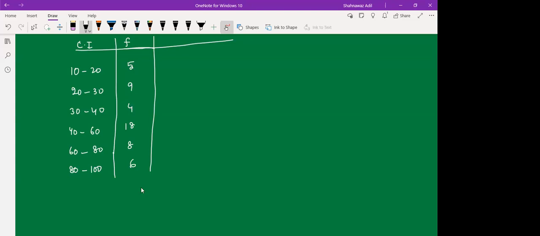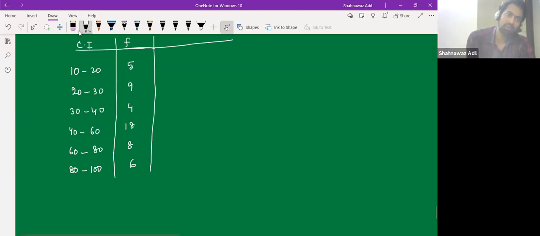How can we write 40 to 60? It should be 40 to 50, right? So this is the class range, or class size, which is 10.